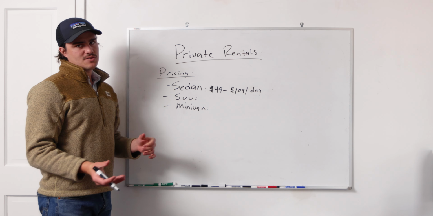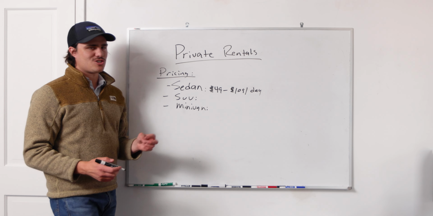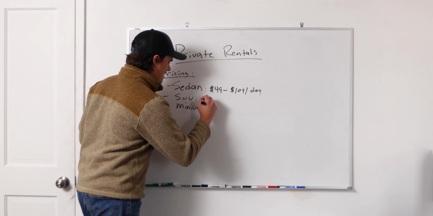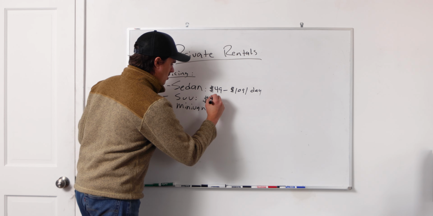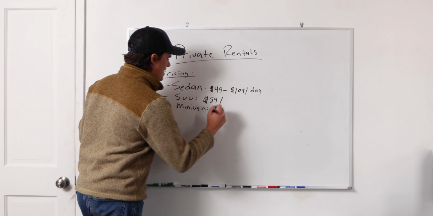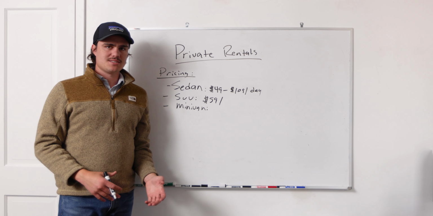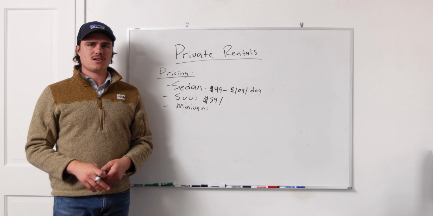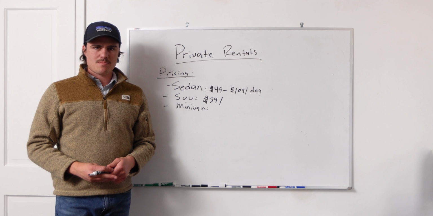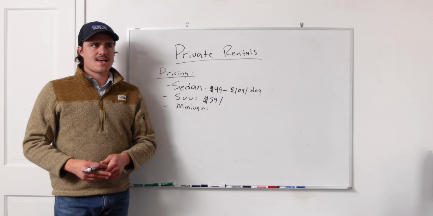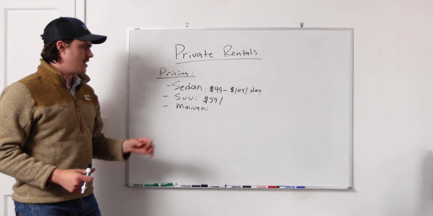SUV, I'd say SUVs have a big range too. Depending on how nice it is, we could probably start those at $59, and that's if it's slow season, not a really nice car, maybe a little bit of miles, a little older, something that isn't bright and flashy.